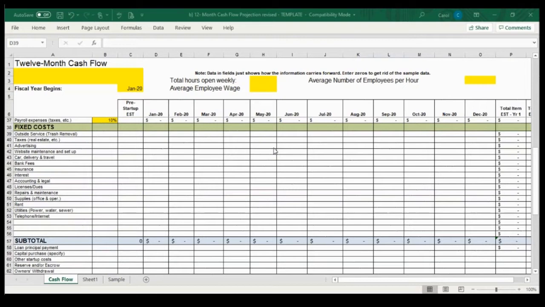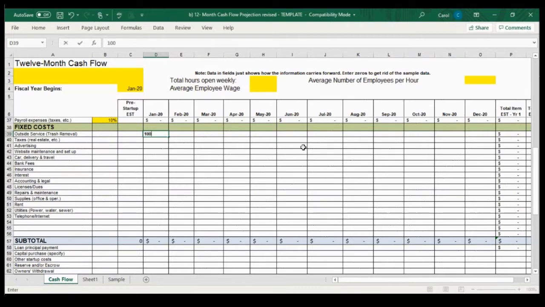Fixed costs are the expenses that you will have on an ongoing basis with your business that will exist whether or not you're having sales come in the door. So for example, let's start at the top. Outside services, an example of that is trash removal.